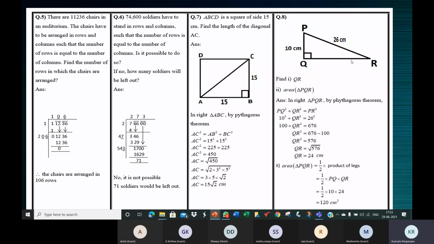QR to be m square minus 1. And PR to be m square plus 1. Now what we should do is find PR square, that is m square plus 1 the whole square. You should square it, you get some result.